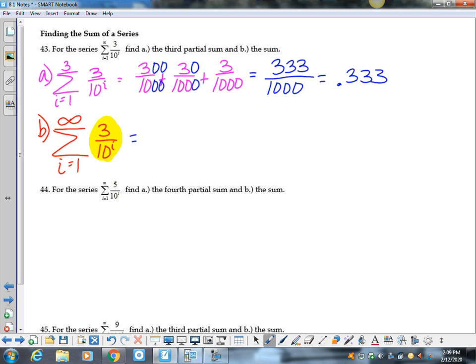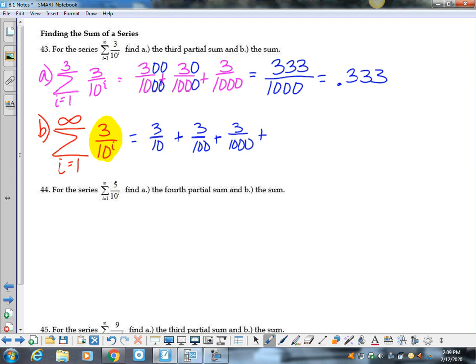Well, we found the first 3 terms of this series in part A. So it was 3 tenths, 3 100ths, 3 1000ths. But for this one, I need to keep going forever. So then it's going to be 3 over 10,000 plus 3 over 100,000.